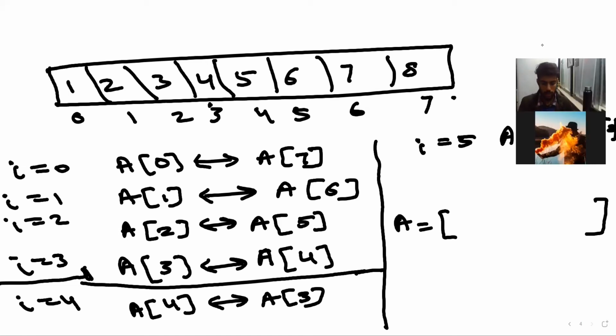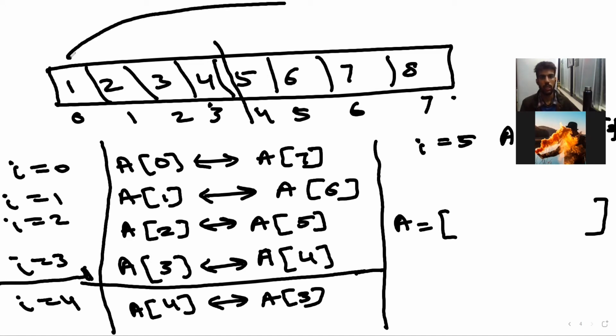Does this make sense? How do we know that this is the time for breaking the loop? Yeah, so that's why we did the dry run. After you reach the half point of the array, there would not be any elements left. So this would be swapped with the last element.